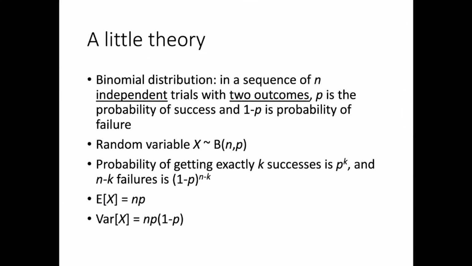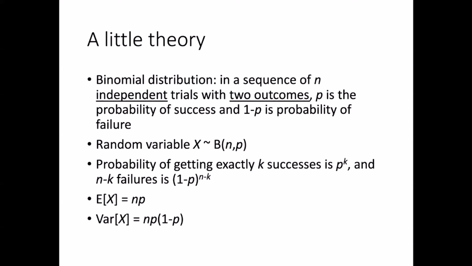With binary data, we have to think about a different statistical distribution, and that is the binomial distribution. If you're not familiar with this, think about a sequence of independent trials with two possible outcomes. So again, you can flip a coin 10 times and count the number of times you get a heads.